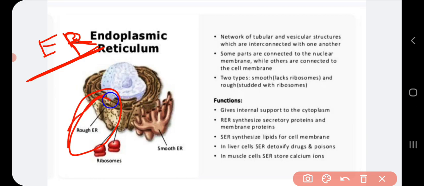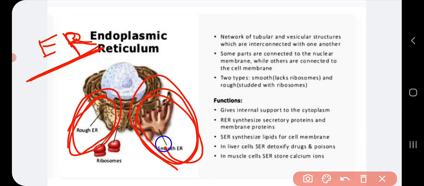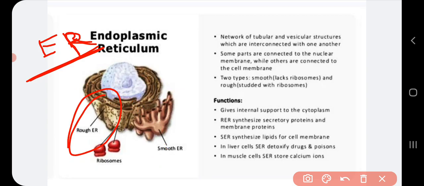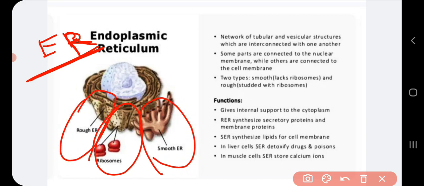This is the rough endoplasmic reticulum, with nodule-like structures, and this is the smooth endoplasmic reticulum. The ribosomes are the dot-like structures.